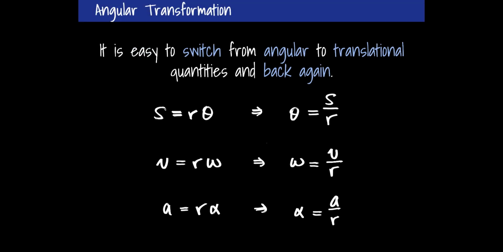It's easy to switch between the translational quantities and back again, from angular to translational and back again. Here is my arc length formula, very familiar. S is equal to r theta, theta measured in radians. This is position, and this is angular position. So there's velocity, v, and angular velocity, and look how similar the relationship is.